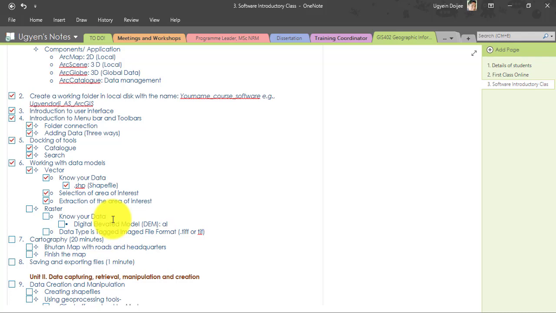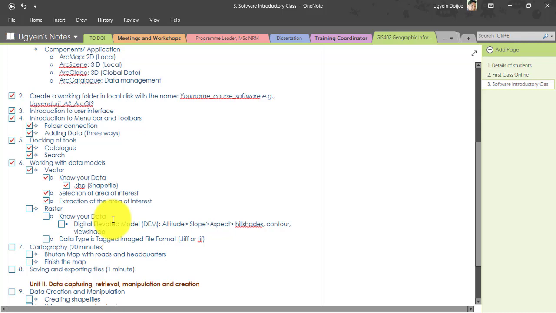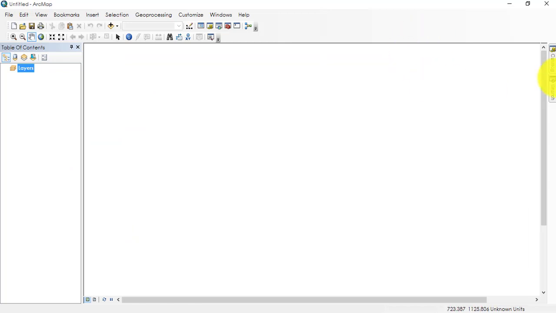DEM is basically data for altitude, and from DEM we can take out slope, we can take out aspect, we can do hillshades, we can find out contours, and we can also do viewshed analysis and many applications that DEM is capable of. So this is all about DEM.